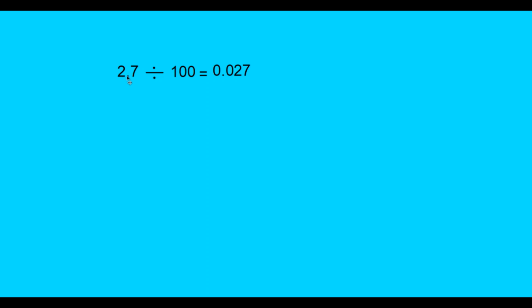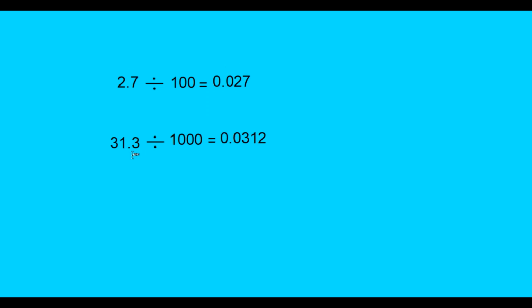To divide by 100, you have to move two digits back, so you add an extra 0 here. Now can you say what is 31.3 divided by 1000? Here you have two digits before the decimal point, so add one more 0. So 0.0313 will be the answer.